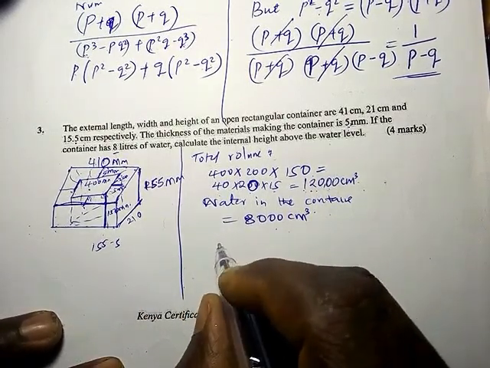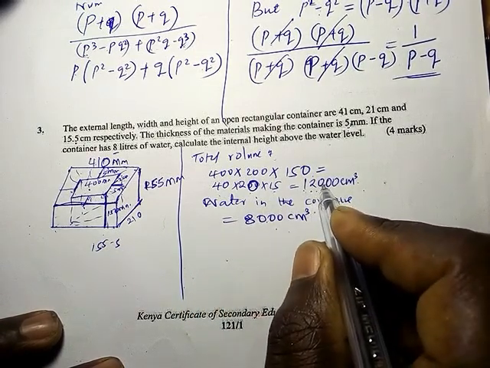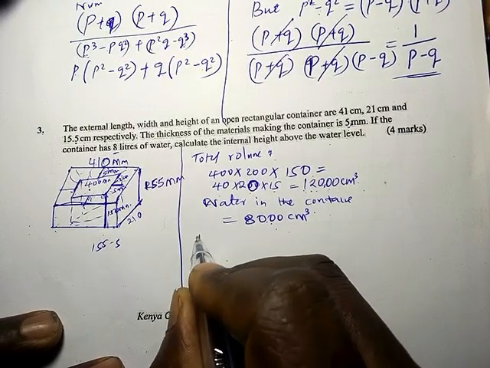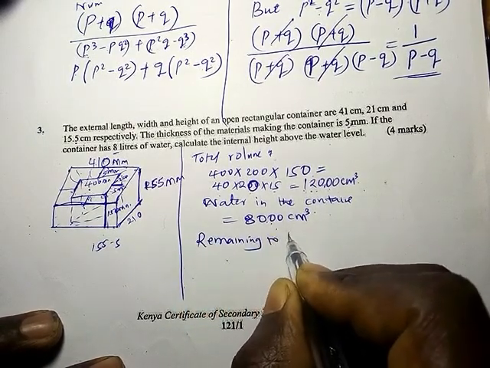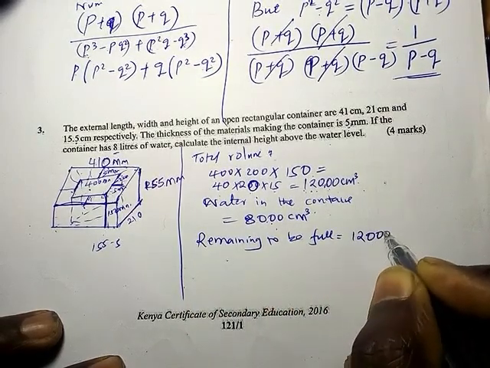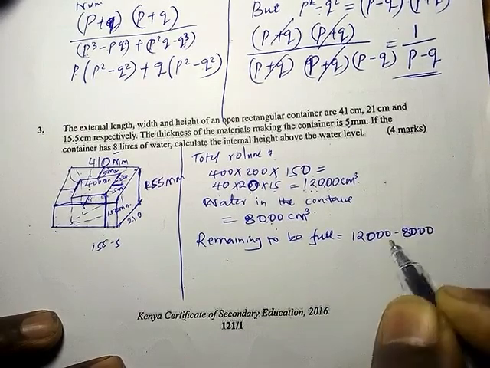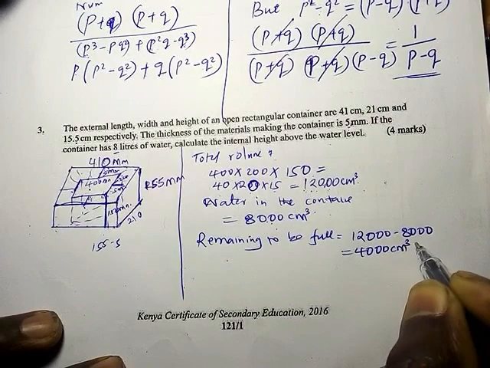The next thing we want to know is what amount of water is remaining to be full. It is 12,000 and it already has 8,000, so remaining to be full equals 12,000 minus 8,000. That gives us 4,000 centimeters cube.